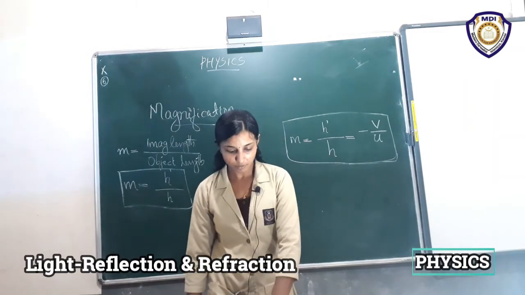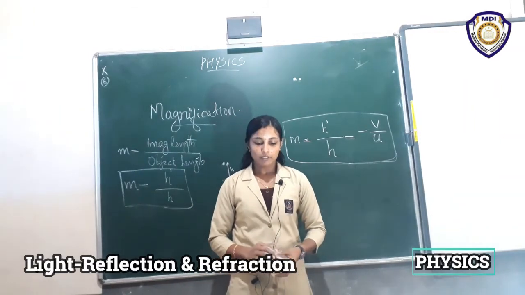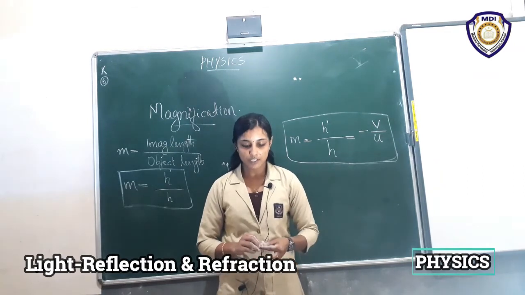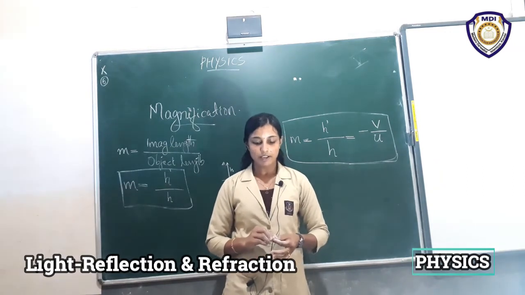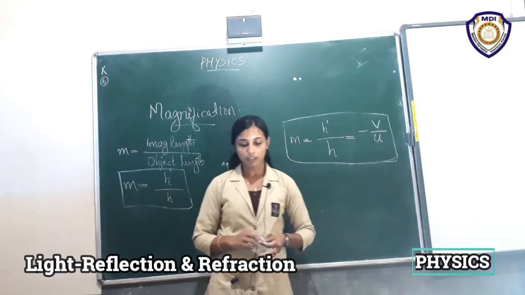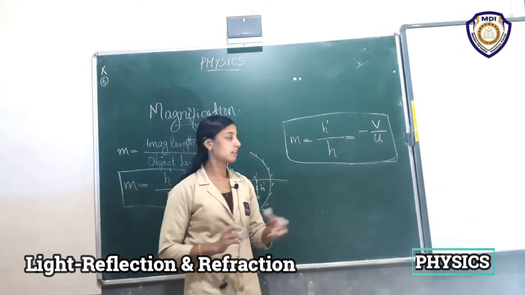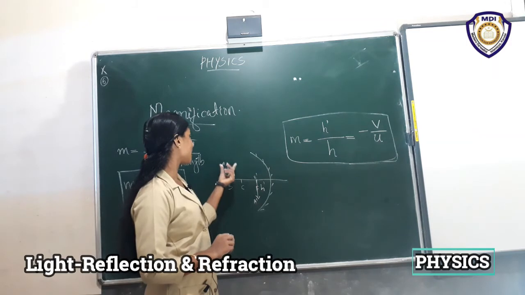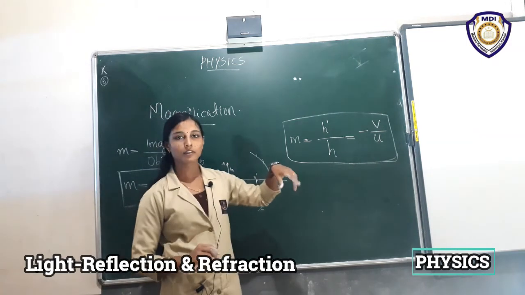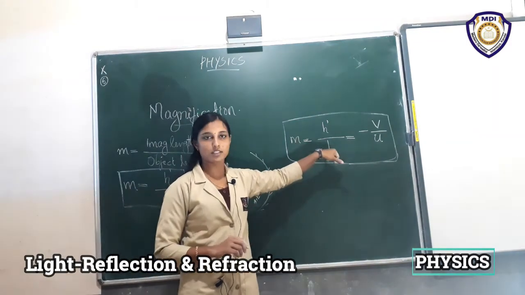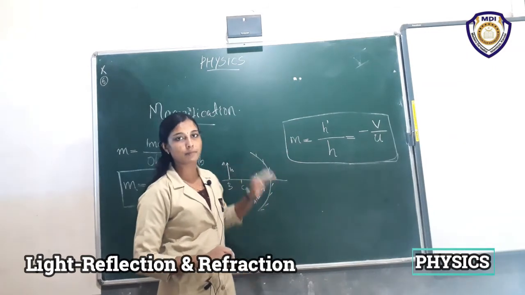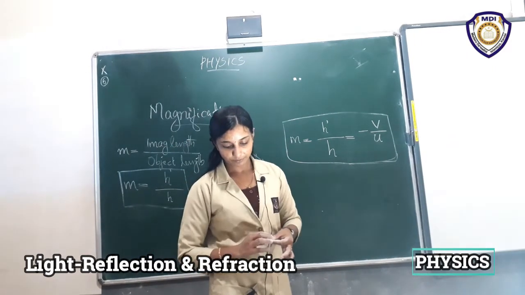You may note that the height of the object is taken to be positive, as the object is usually placed above the principal axis. So our object height h is always positive.